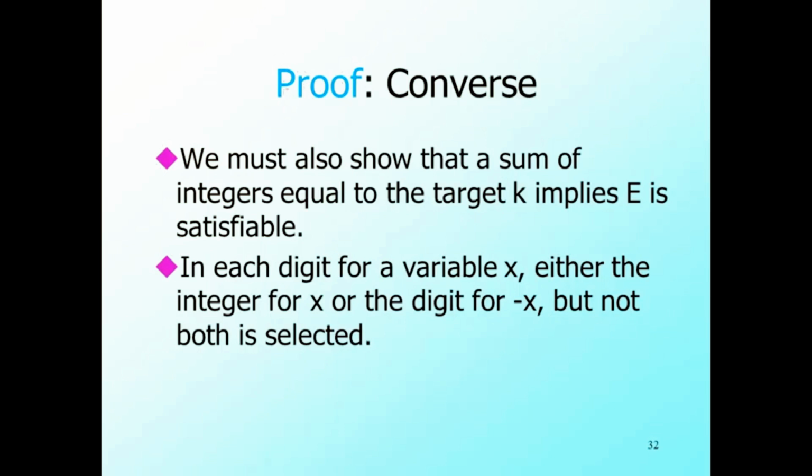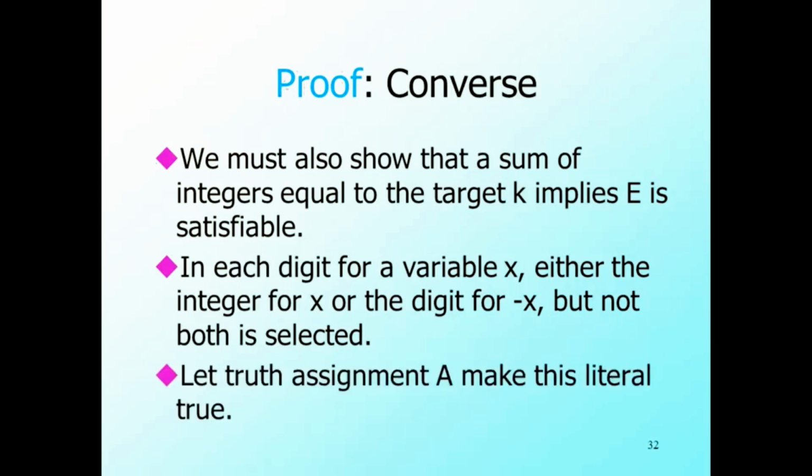If x is that variable, that means we picked either the integer for x or the integer for not x, but not both. That means we have a truth value for each variable x. If we pick the integer for x itself, then make x true, and if we pick the integer for not x, make x false. Either way, the literal for the integer we picked is true in this truth assignment, which we'll refer to as A in what follows.